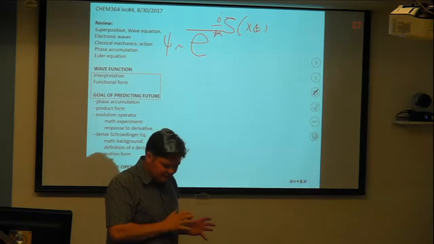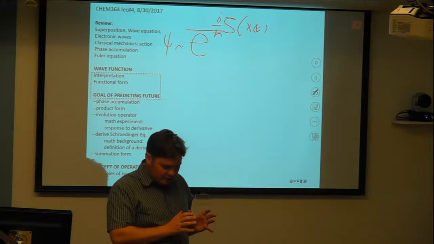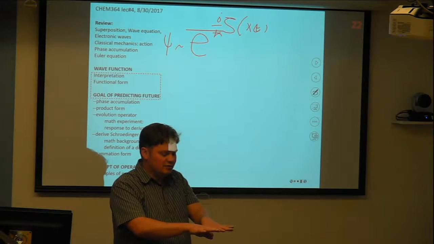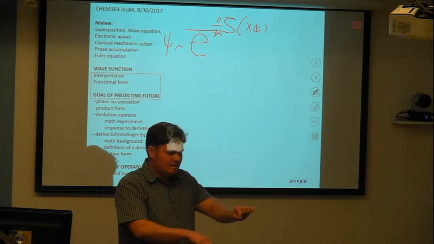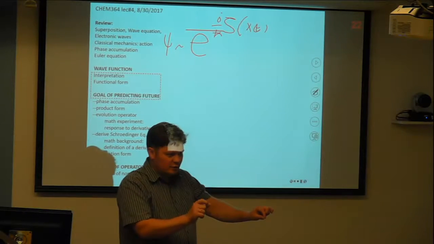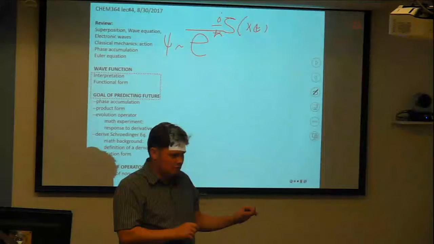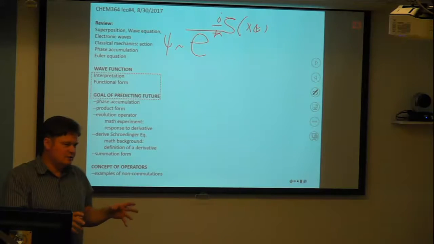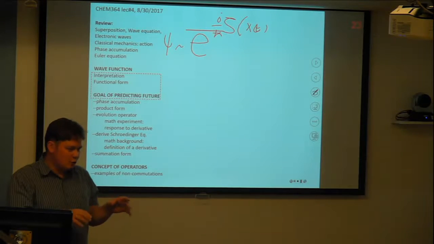We are going to use this fact for predicting the future, and we will try to go from the past to the future in the same concept of divide and conquer. We will split the timeline into small intervals and see what happened on each small interval. And through this discussion and arguments, finally, by the middle or end of the Friday meeting, we will come to the wave equation for electrons.